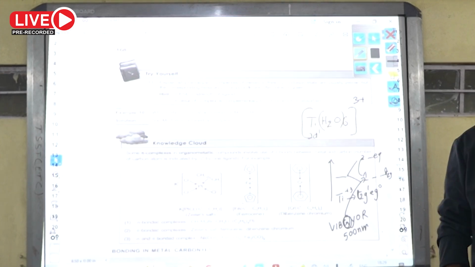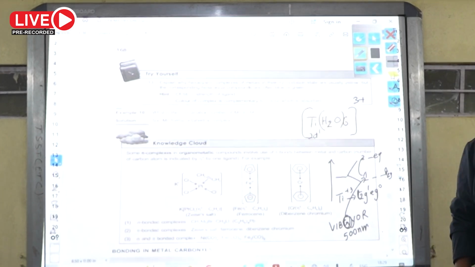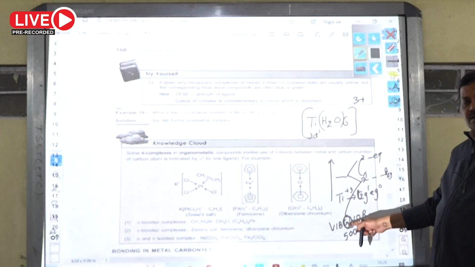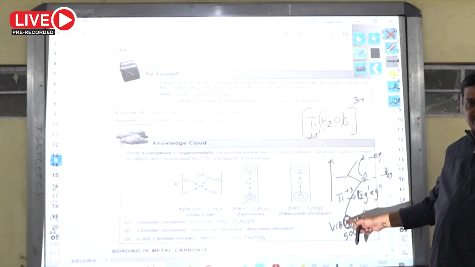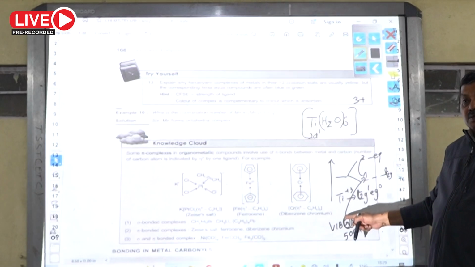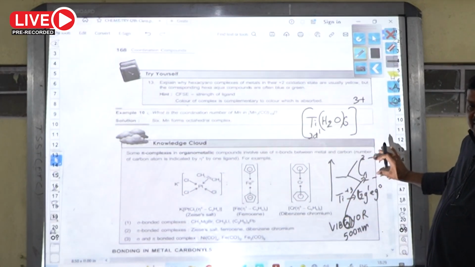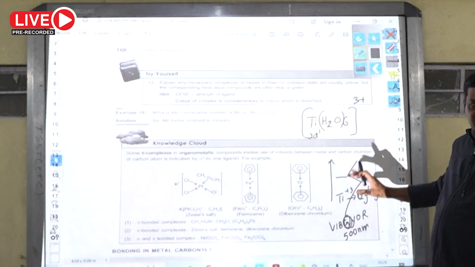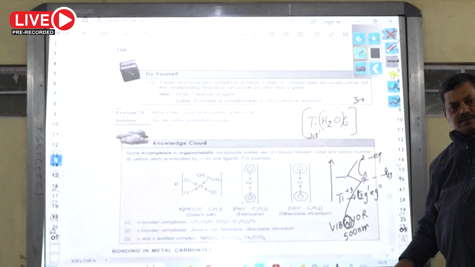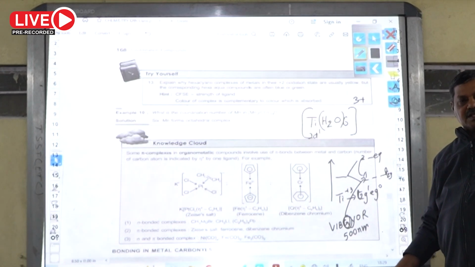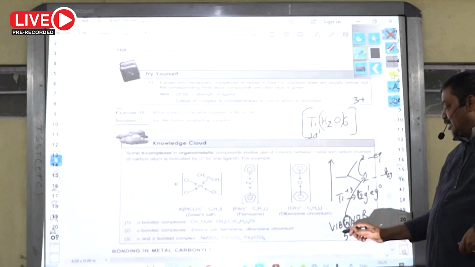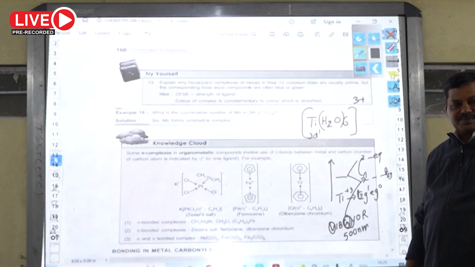So whenever a particular complex is showing a particular color, it all depends on what wavelength of light it absorbs. What wavelength of light it absorbs depends on the splitting of d orbitals. Suppose the d orbitals split at too much distance, it requires more energetic light, then it absorbs violet light.